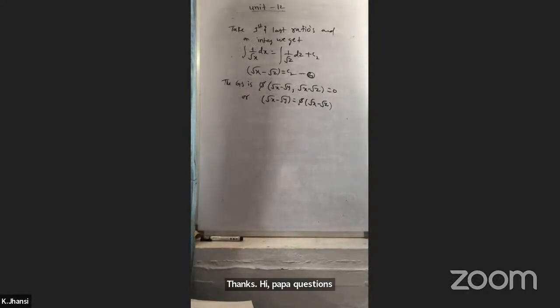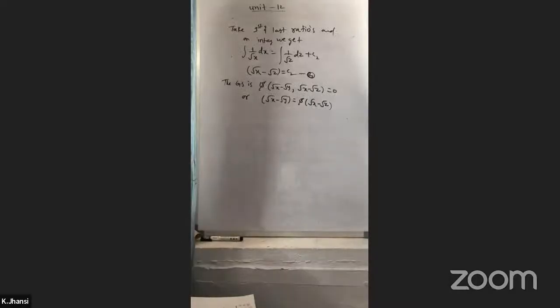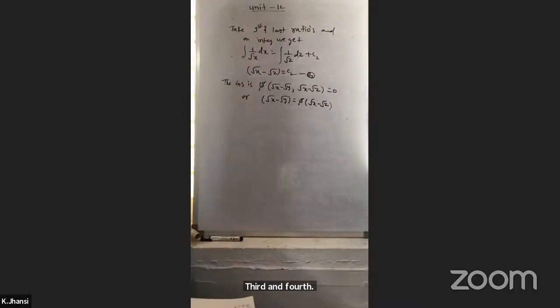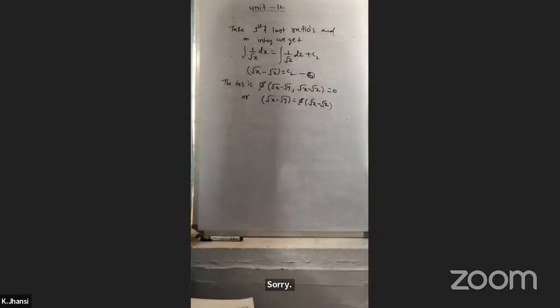This is also a 10 marks question. All questions. 266 page number, third and fourth question. Above is there, no? This is also Lagrange's method only. Okay, this is a 10 marks question.